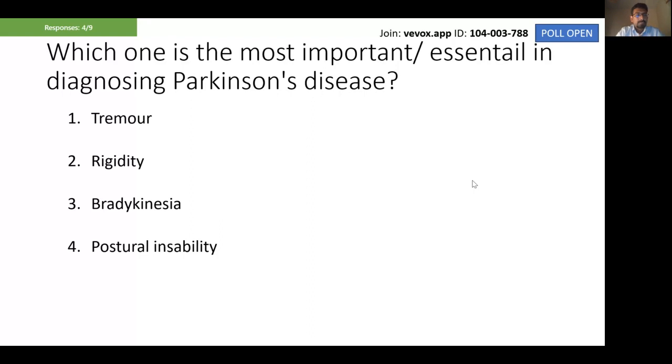Amit, just while the poll's going on, we have a question from Leonidas in the chat about causes. Is it D1 or D2 dopaminergics? There is actually an imbalance between positive and negative circuits. I don't exactly remember. D1 and D2, one is an excitatory circuit and one is an inhibitory circuit.